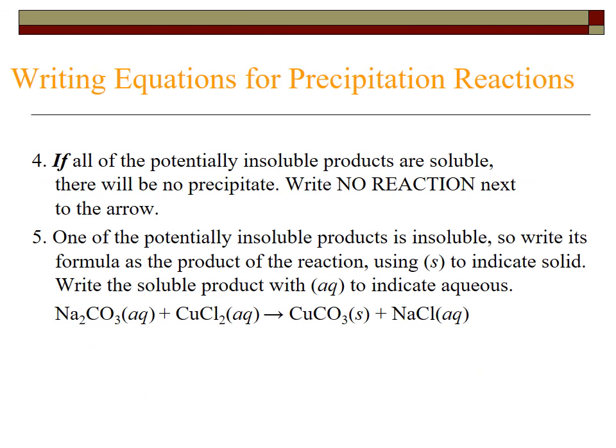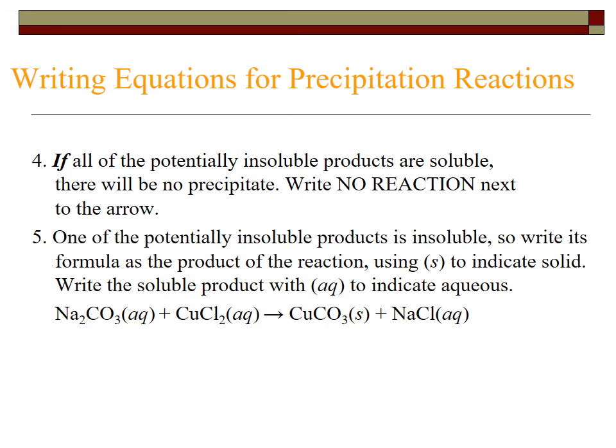If all the potentially insoluble products are soluble, there will be no precipitate. So we just simply write no reaction. If one of the potentially insoluble products is insoluble, we write its formula as a product of the reaction using the S to indicate a solid, and we write the soluble product with the AQ to indicate aqueous.